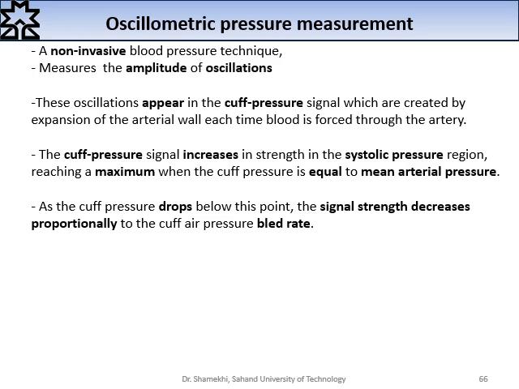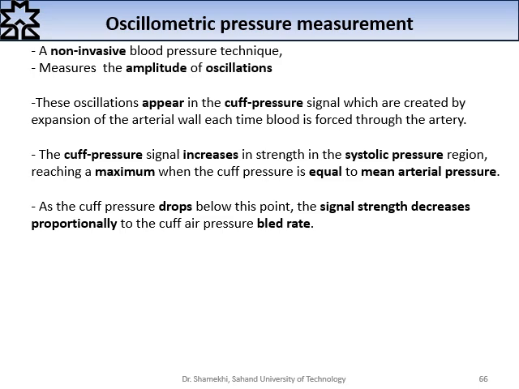This is a non-invasive blood pressure technique. Measure the amplitude of oscillations. And these oscillations appear in the cuff pressure signal, which are created by expansion of the arterial wall each time blood is forced through the artery.